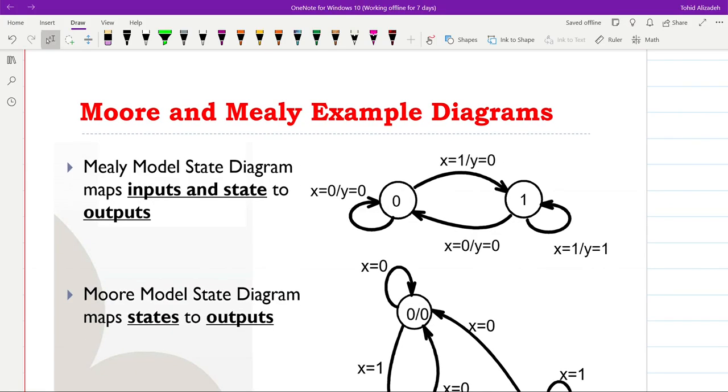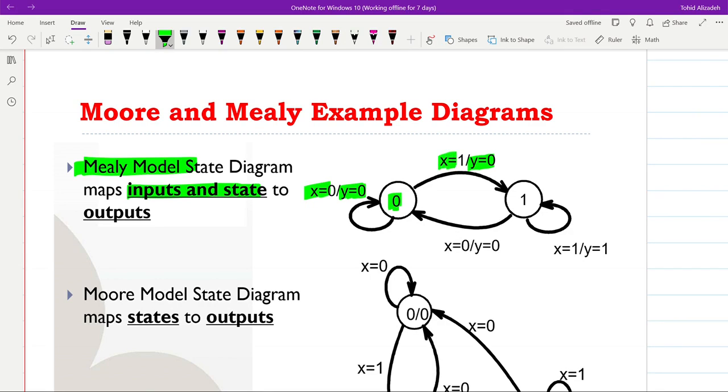Here you can see the Mealy and Moore state diagram examples. We have the Mealy model here. In the Mealy model, the outputs are a function of inputs and states. So y equal to 0 is here, and y is equal to 0 here, depending on the states that we are in and the inputs that we have.